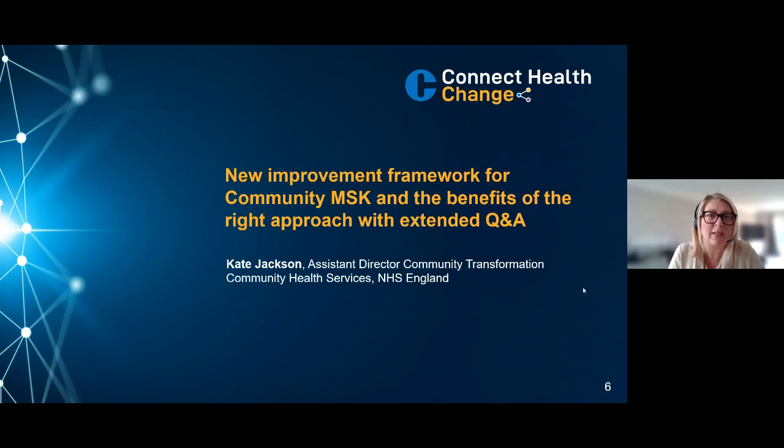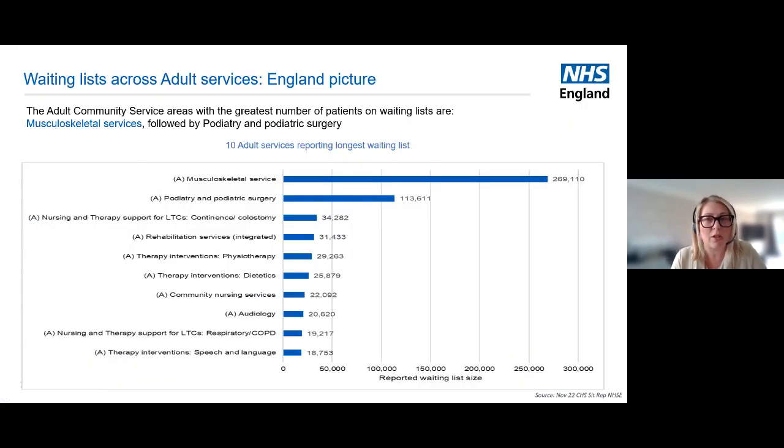Next slide, please. So just to follow on from Ian's introduction really around context from a national picture in particular, focusing on the numbers and the huge challenge that we have in community in terms of people waiting, and also being able to demonstrate how many people are waiting.